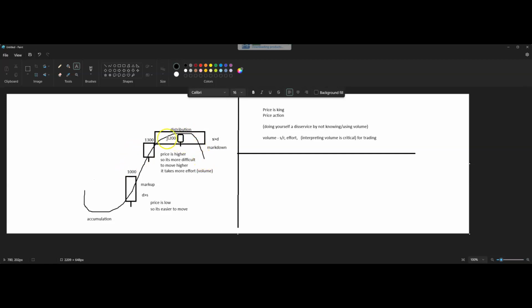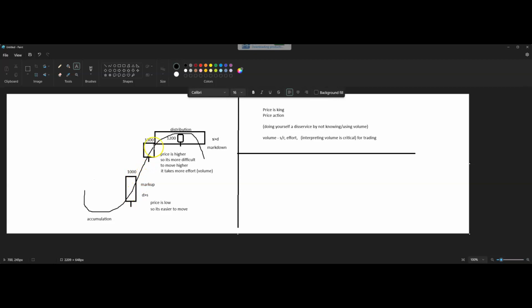What do you think is happening in that middle towards the turn, from demand being greater than supply to supply being greater than demand? Do you think it magically goes from one to the other? Obviously not. You have distribution in the middle.